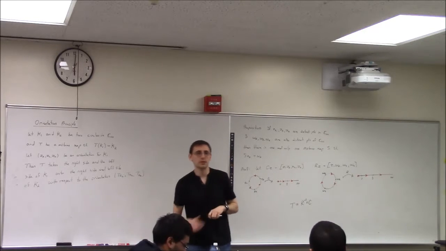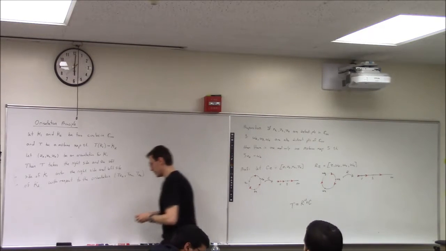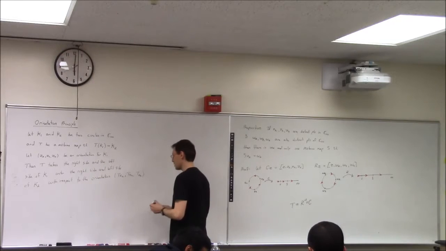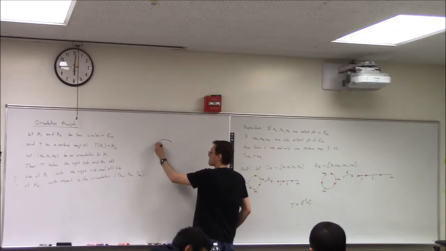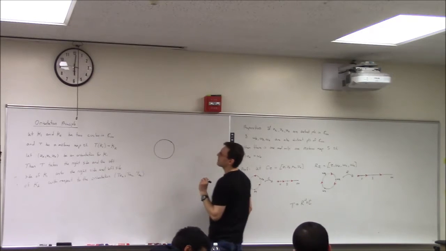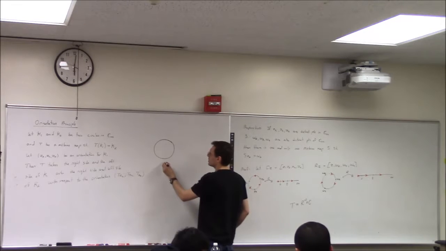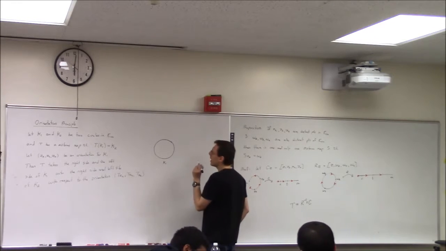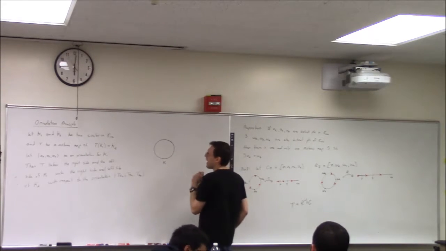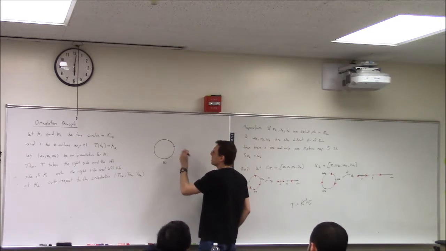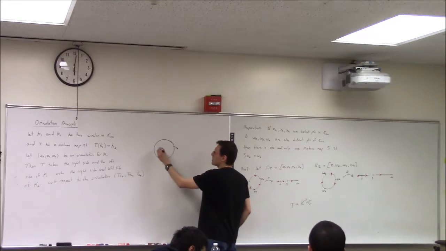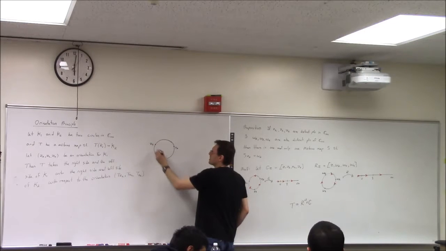Let's try to understand what we mean. It's much simpler when you draw a picture for it. So here's really what's happening. We have one circle, and that's the circle K1. And on that circle K1, I have orientation, so let me just draw the points. If you don't mind, I'll make them counterclockwise. So this is Z2, so I'm giving it a counterclockwise orientation. This is Z3, and this is Z4.